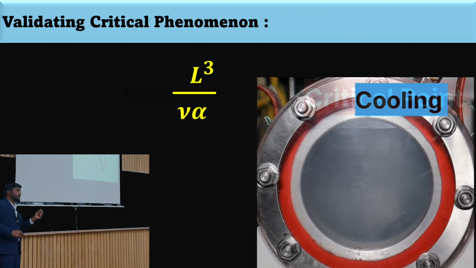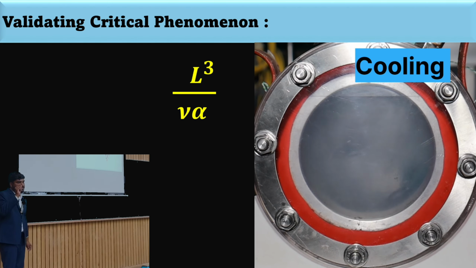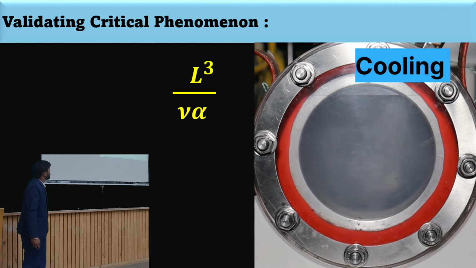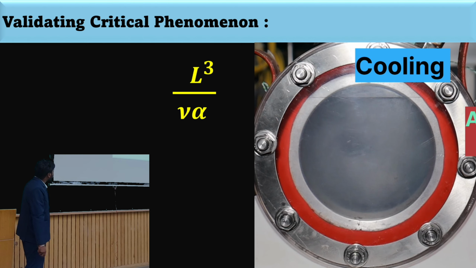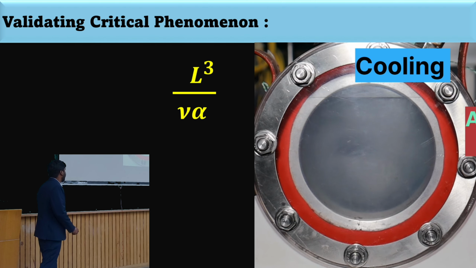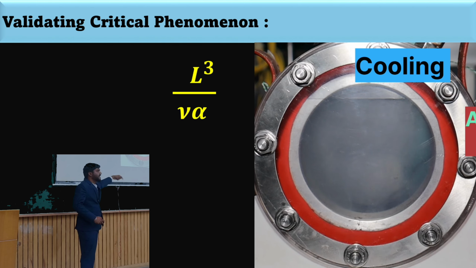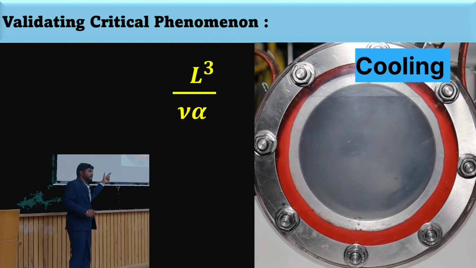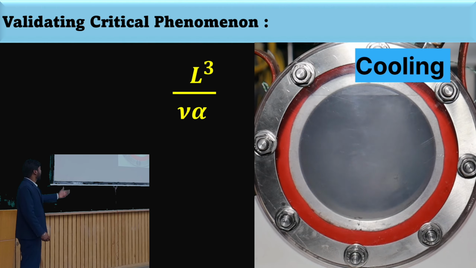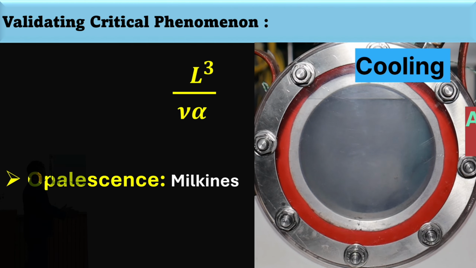This indicates that the circulations will happen within a very small dimension, a small characteristic length, and this is what causes something called critical opalescence. You can see this milkiness inside. This is due to this decrease in the L scale. This is called critical opalescence, and this is the milkiness inside. So this is what we see in the experiments.